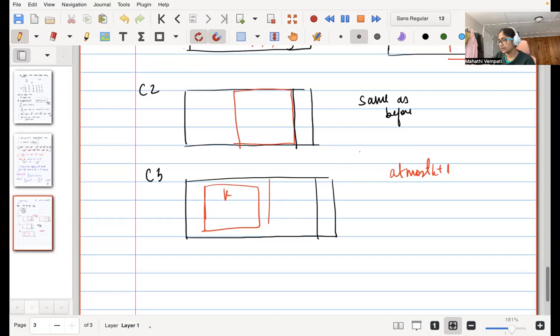But so yeah, if it was K plus 1, it means there was a K cross K here, right? So then if I pick the rightmost one, then I'm good, right?